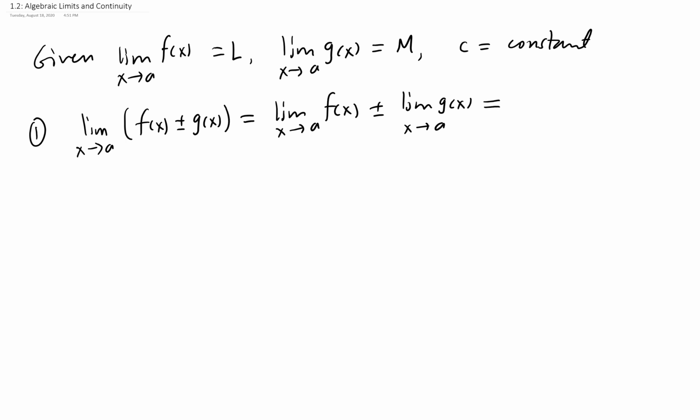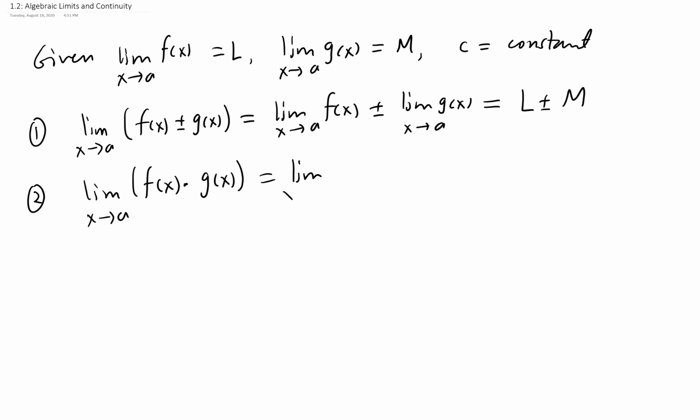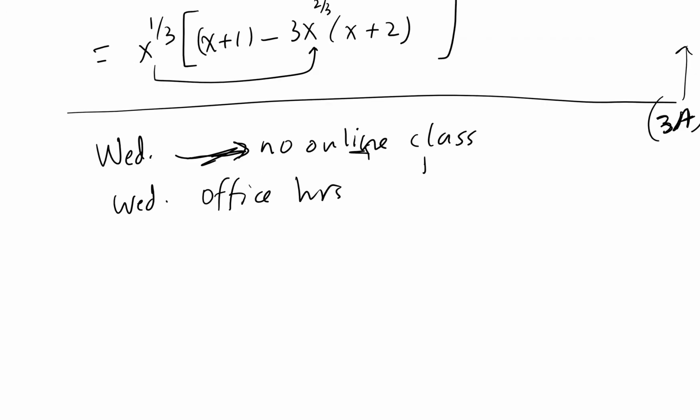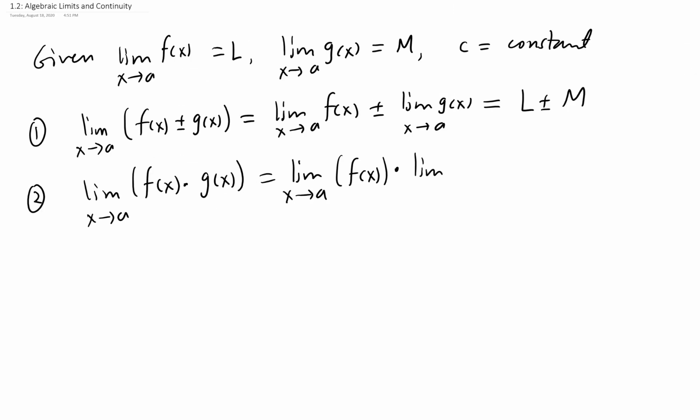In this case, it is L plus or minus M. The limit of the product is going to be the product of the limits, and this equals L times M.